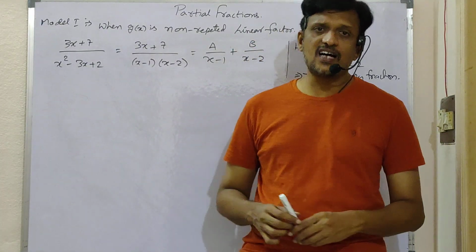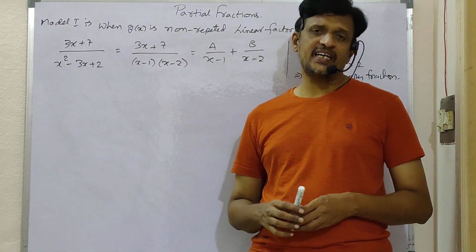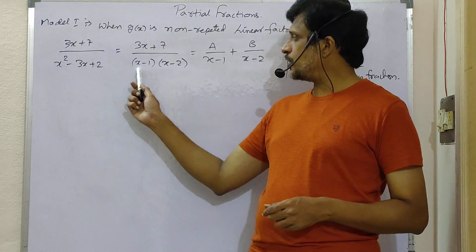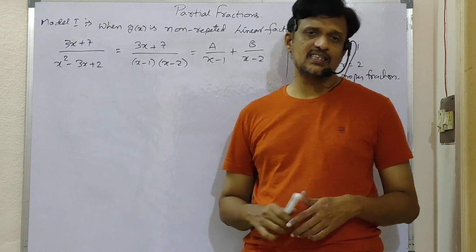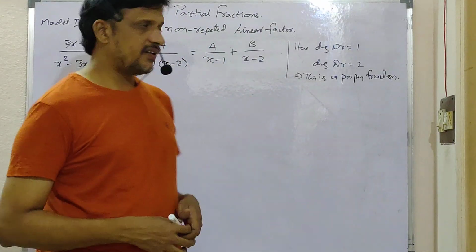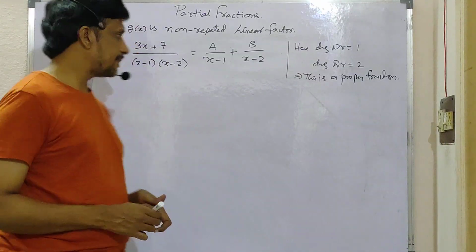Since the denominator g(x) consists of two non-repeated linear factors, corresponding to each you will get a partial fraction like this. Now the values of A and B we need to calculate and substitute there.